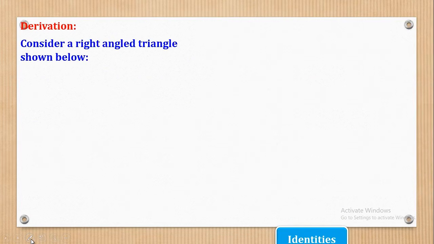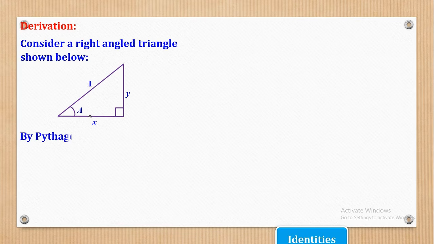So in deriving, we are going to consider a right-angled triangle, which is that. And this triangle will have a hypotenuse with a length of unit 1. So by Pythagoras theorem, we shall say that x squared plus y squared is equal to 1 squared, which is 1.